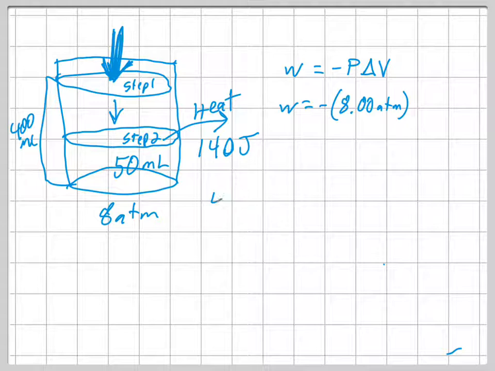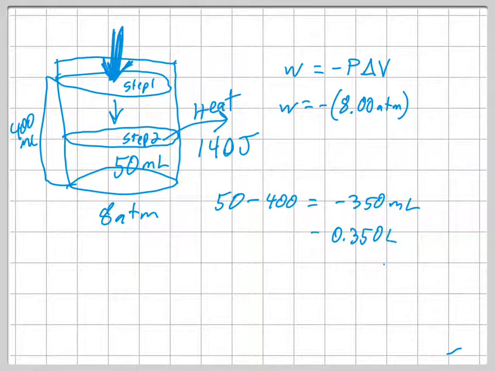The total change is going to be the final minus the initial. These are all in milliliters, so that would be negative 350 milliliters. But we always have to have it in liters, so that's 0.350 liters, and it's negative because the change was a negative number.